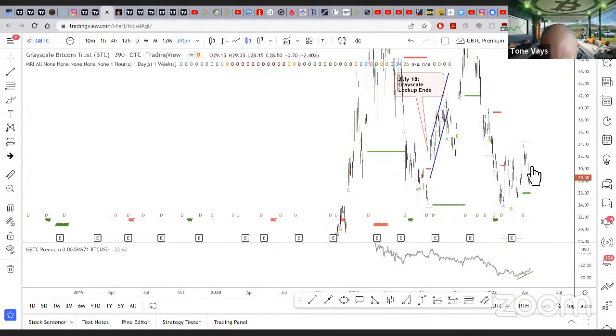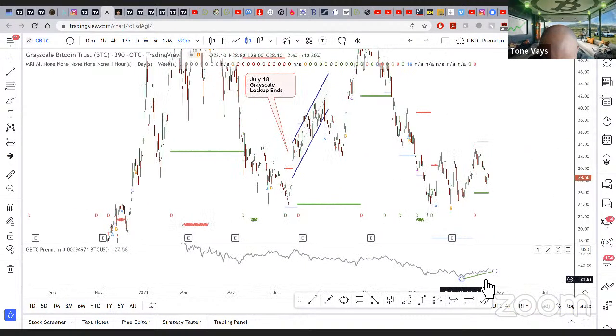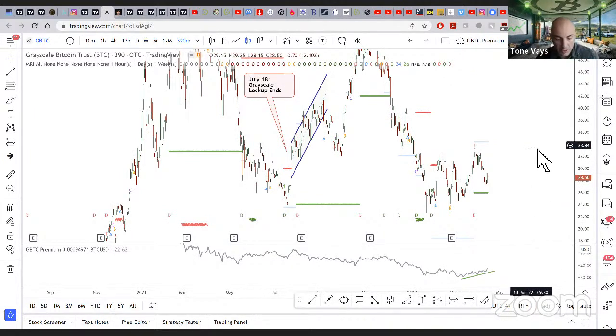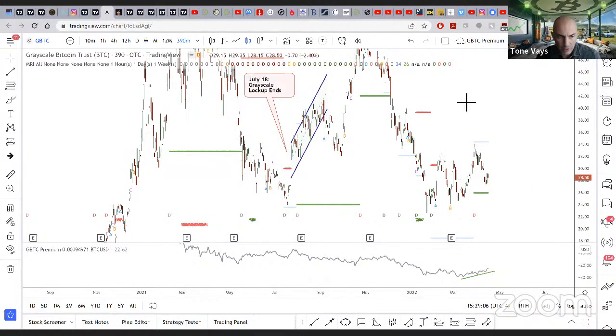This is interesting. As the price of Bitcoin has dropped, the GBTC premium has subsided. This is a potential sign that there aren't that many GBTC shares to go around. Once the price of Bitcoin starts rising, the GBTC premium would probably evaporate fairly quickly.